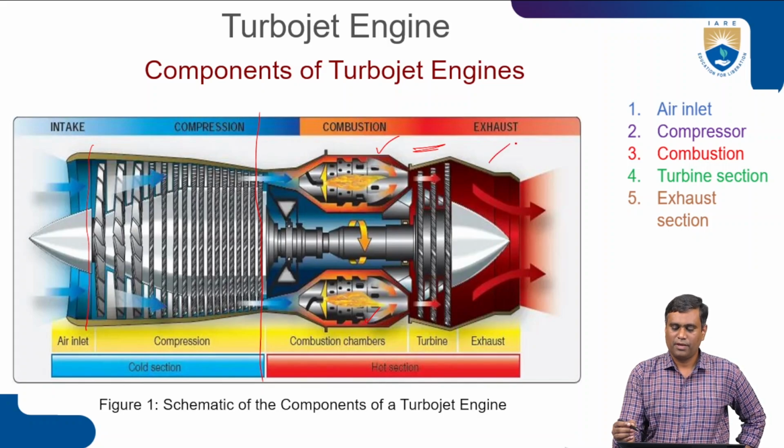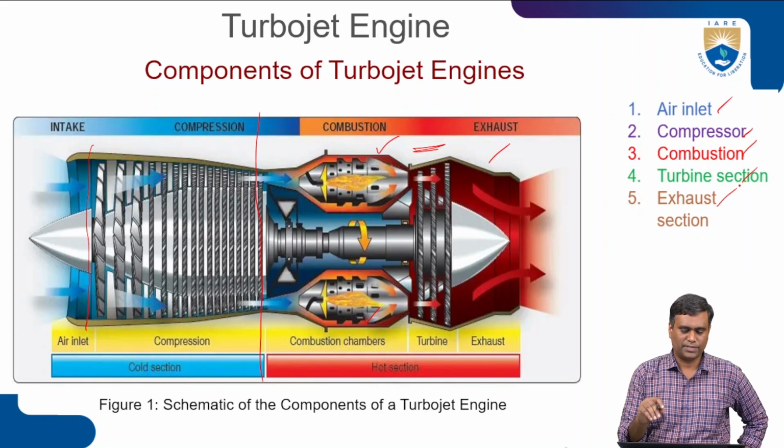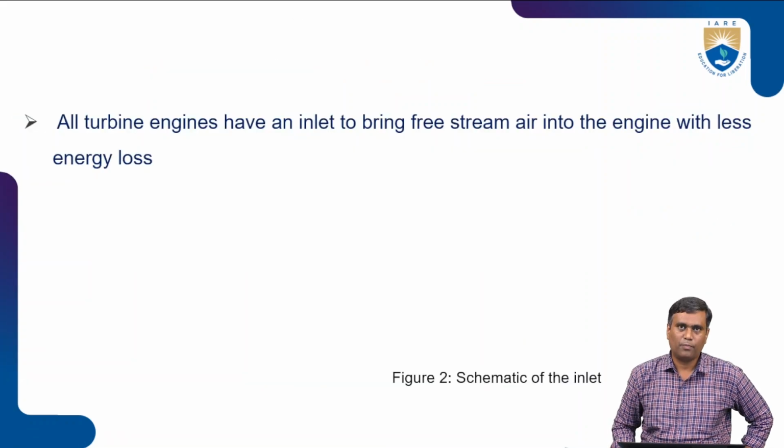Right, these are the major components of a turbojet engine, that is inlet, compressor, combustor or combustion chamber, turbine section, then exhaust section, which are nozzles. Right, we'll see one by one.